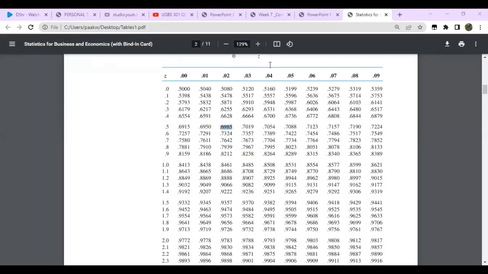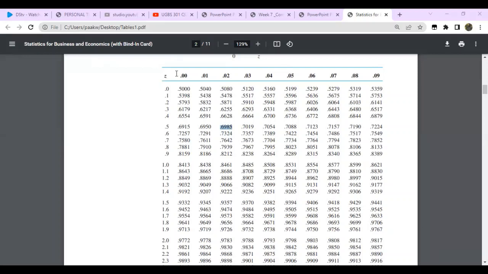Okay, so as I was saying, it depends on the z value that you get. Either they will give it to you in the question or they will give you the x values. Then you standardize to get the z values before you use the standard normal table. You get it?